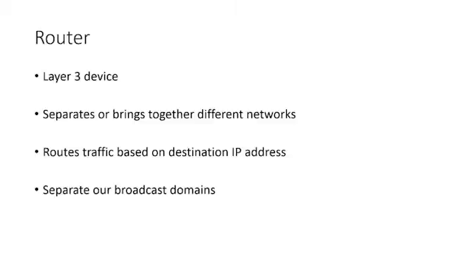Something else a router does is it separates broadcast domains. Now, we've talked a lot about collision domains, right, where we can send and receive at the exact same time. But broadcast domains is the limitations of where the broadcast traffic will go. We talked about ARP requests earlier, that Address Resolution Protocol.